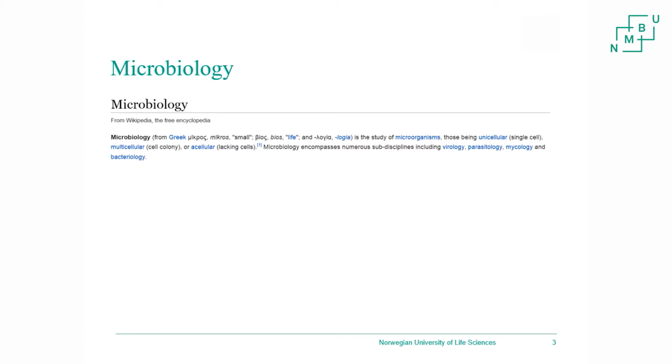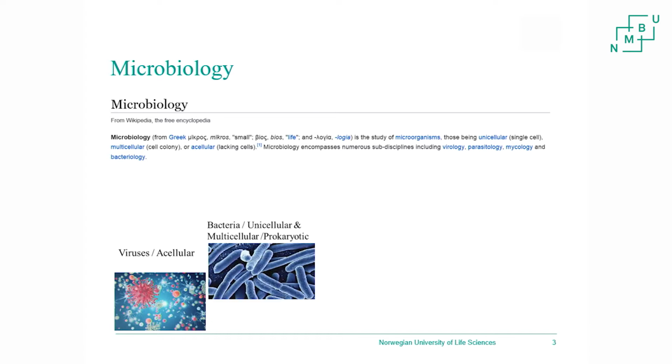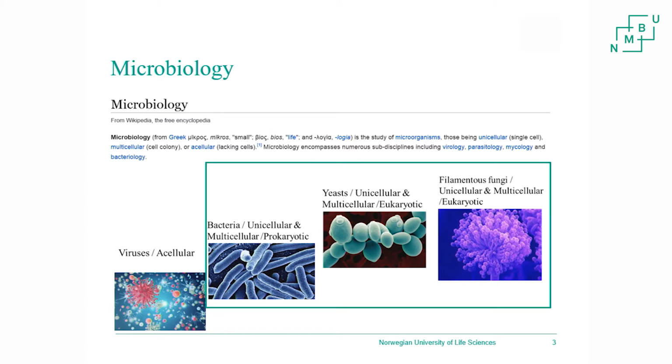Microbiology is a scientific area which studies different types of microorganisms, which have a cellular form, as for example viruses, prokaryotes, that's an example of bacteria, and unicellular and multicellular forms, that's yeast and filamentous fungi. In the application, when describing the application of spectroscopy in microbiology, I will focus on bacteria, yeast and filamentous fungi.